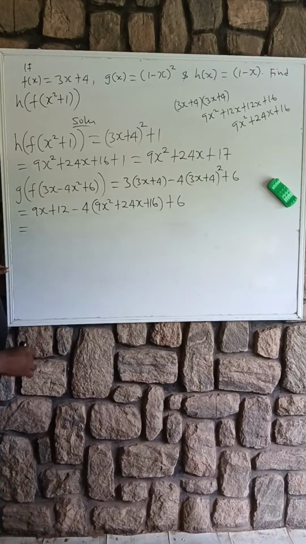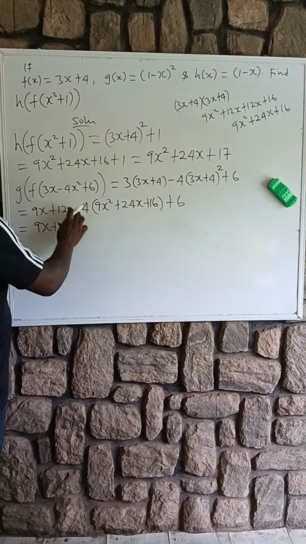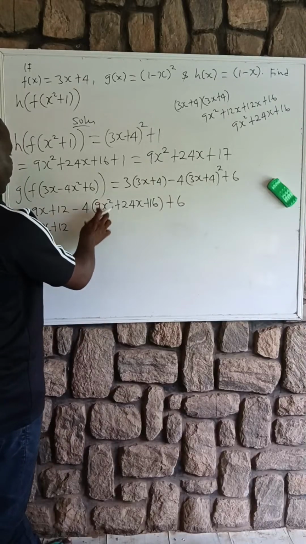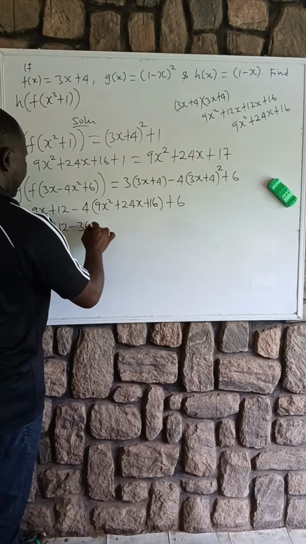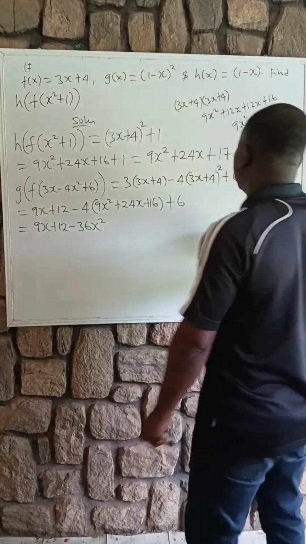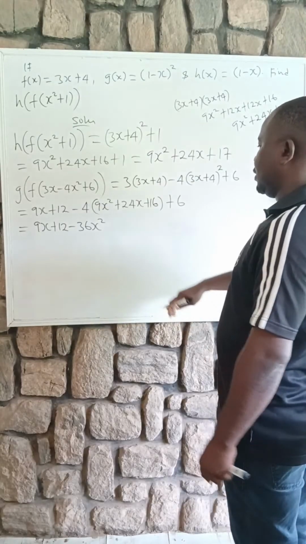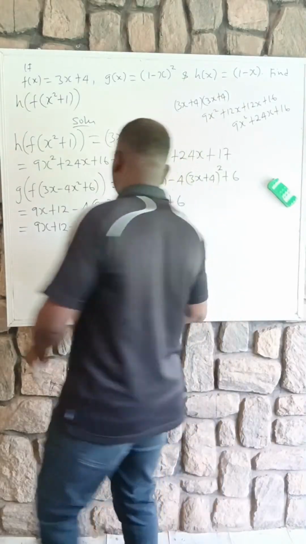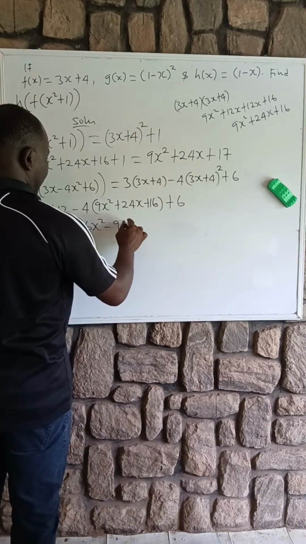So here is 9x plus 12, minus 4 times 9x squared is minus 36x squared. So minus 4 times 24, 16, right? Carry 1 to this, 8, is minus 96x. True or false? Minus 96x.